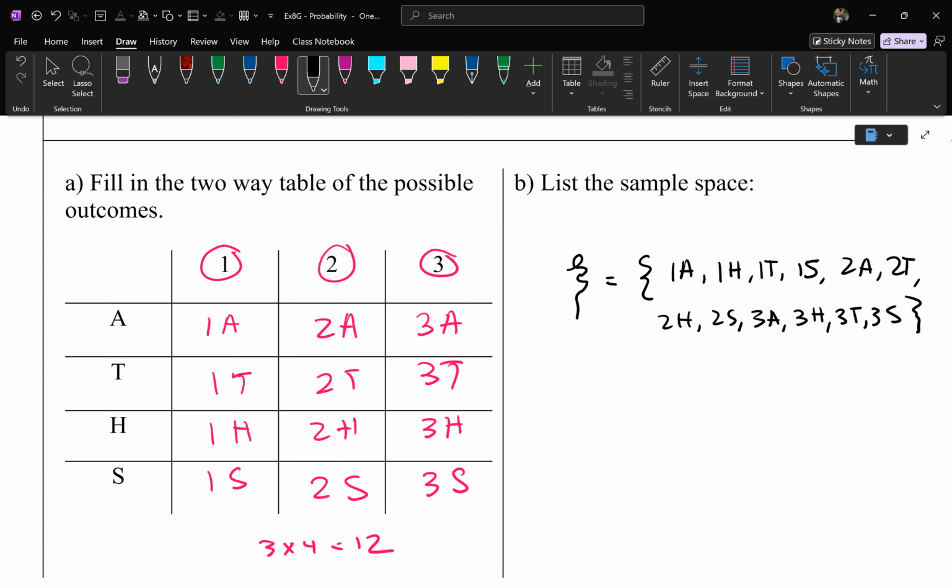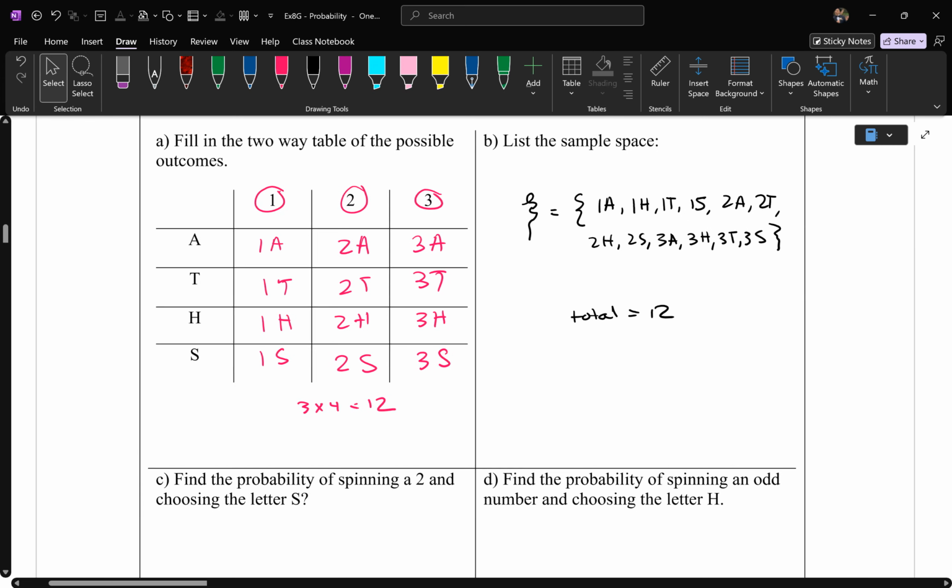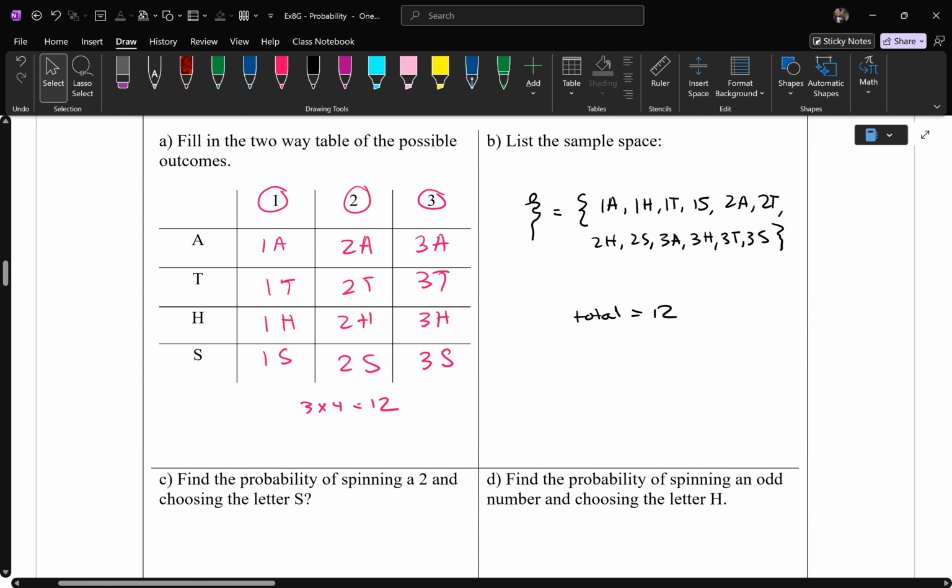Get me? Okay, and that's how you know there's a total of 12 outcomes. The diagram just helps. It's a tool that not all students use, but it's good when you get a problem where you know there are 2 possible things happening. Now that you know the total, it's much easier to solve for the probability.